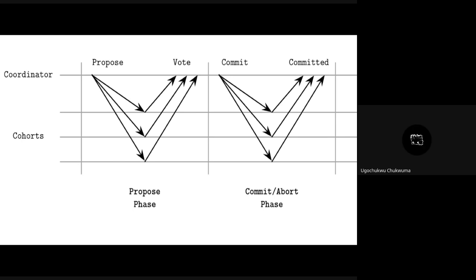If I understand the question, and maybe I don't understand well, aside from that acknowledgement, he also mentioned that if a cohort drops, maybe due to network issues, or maybe it just stops working, when it comes back online, based on the algorithm set up in the database management system, it can ask the coordinator for its logs.